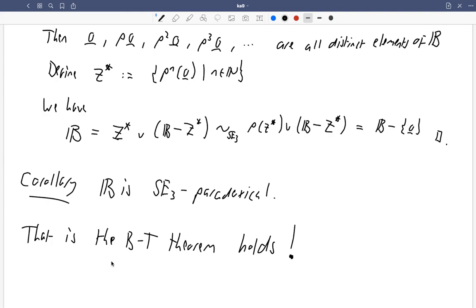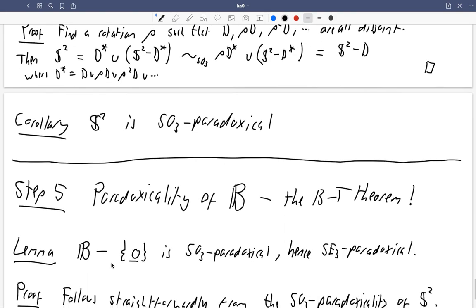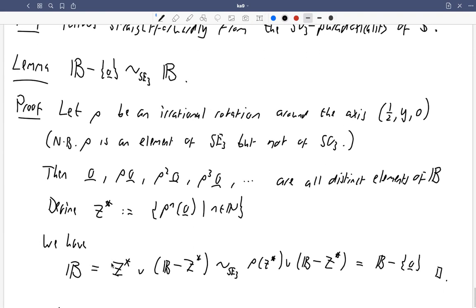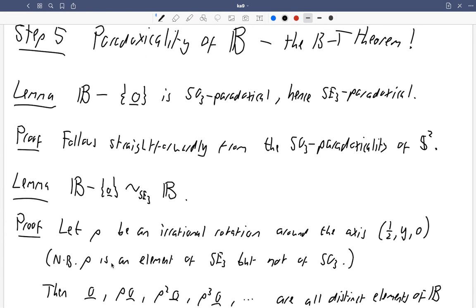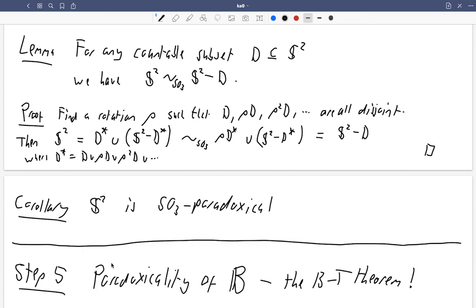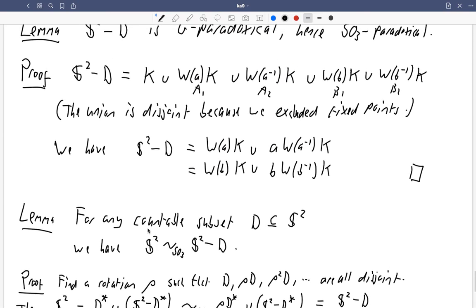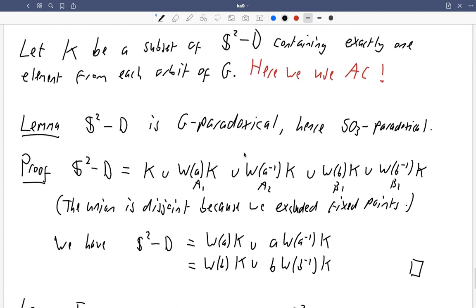And we're done, and it took quite a lot of time and quite a lot of work, and I hope by thinking through this, if you got this far, I'm sure not many people did, but congratulations to those of you who have got this far. Hopefully you've got some idea of what the pieces and the decomposition look like. First you need to understand the decomposition of the sphere, and the pieces there are really quite awkward to understand because of this set K that we defined using the axiom of choice.